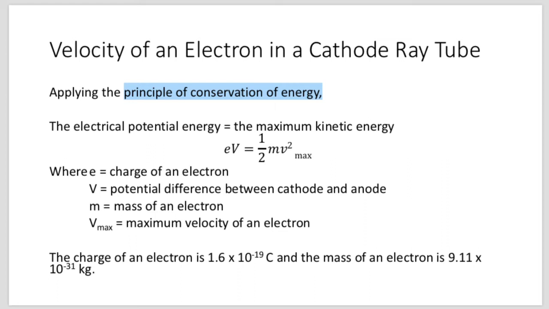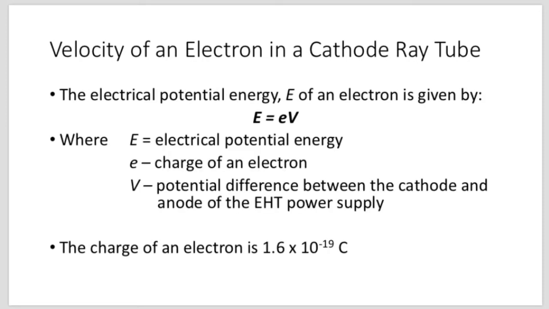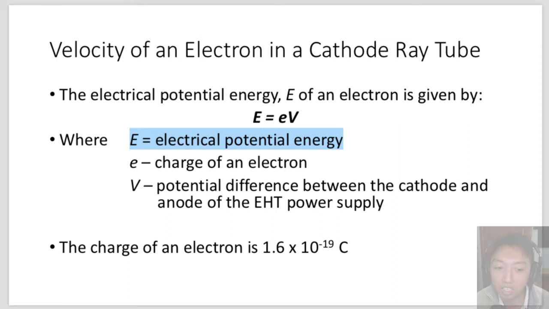So in other words, the formula given is eV equals 1/2 mv squared max. So I want to talk a little bit about this idea here. Electrical potential energy equals maximum kinetic energy. Meaning to say, all of the electrical potential energy, every single one of it, gets turned into kinetic energy.